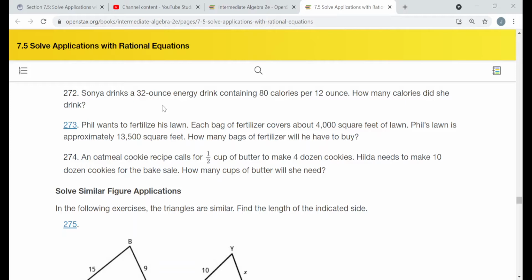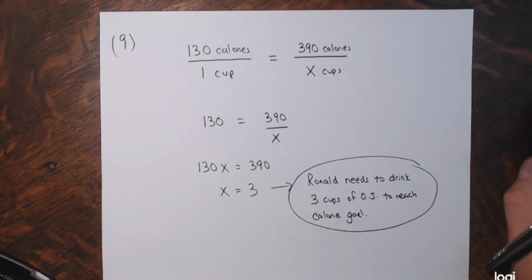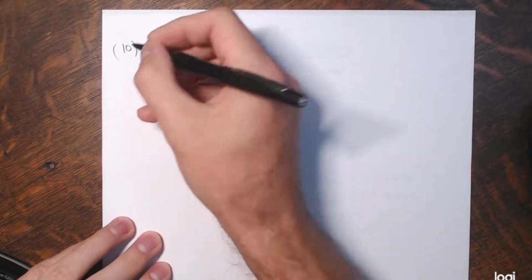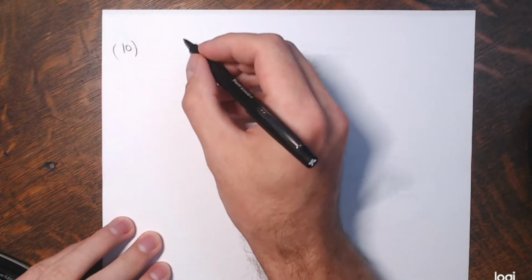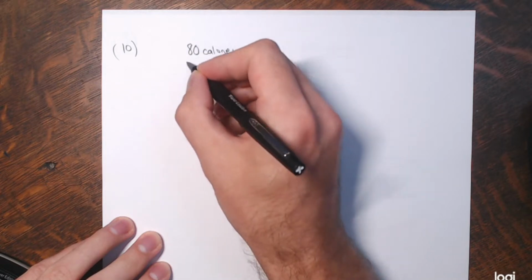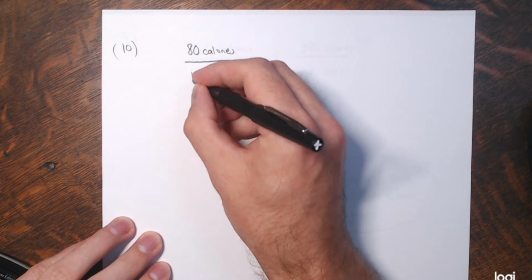All right, so this is pretty similar to an earlier question. So once again, new piece of paper here. This is example 10. Setting up a proportion, ratio equals ratio. So they tell you that there are 80 calories for every 12 ounces of this drink.